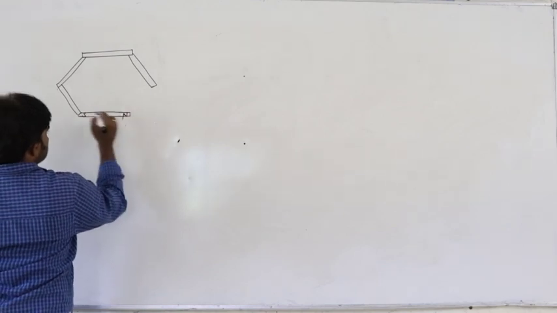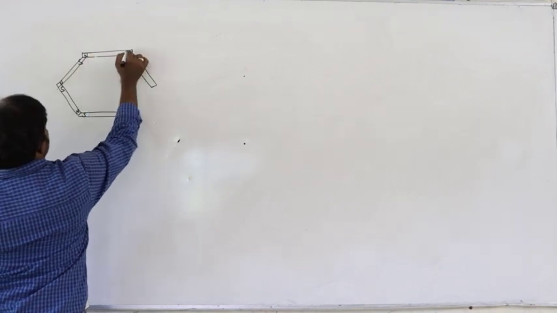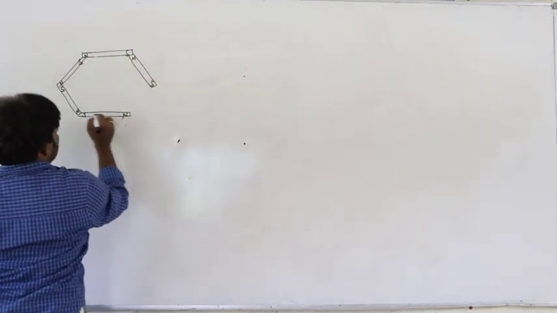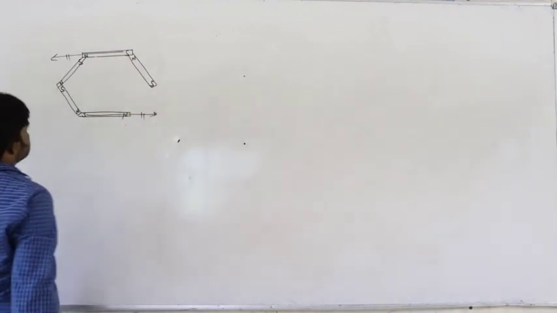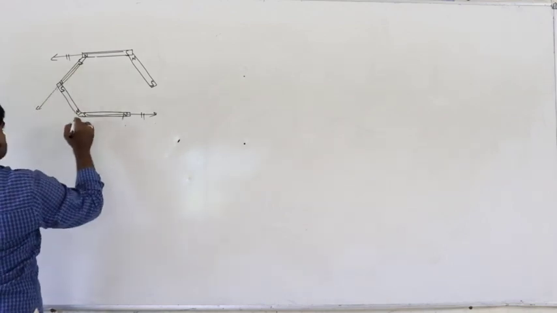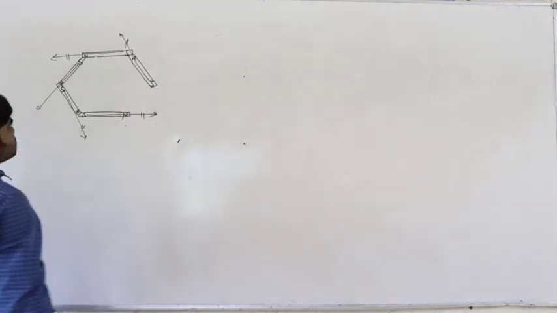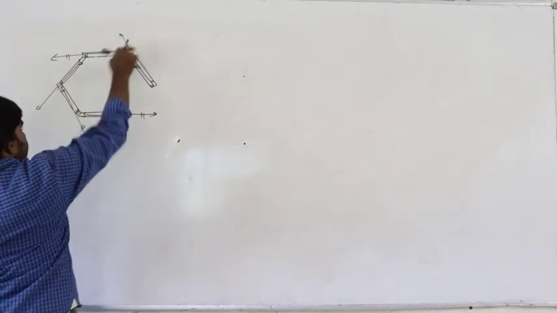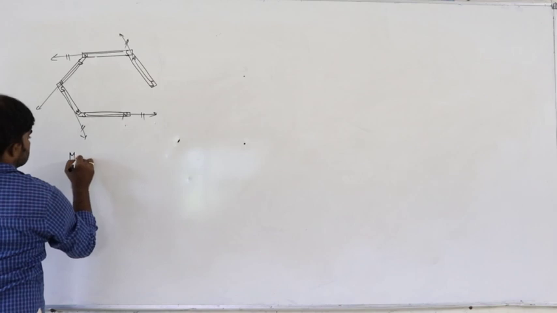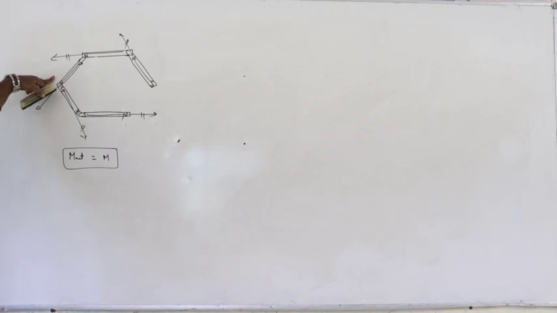This is south north, so north south. Here this is the direction of the magnetic moment. These two will cancel. This is south to north, and here also it is south to north. These two will get cancelled. So this is in this direction and this is in this direction, these two get cancelled. So the resultant M net is only one magnet remaining. So that's why the net magnetic moment is M.